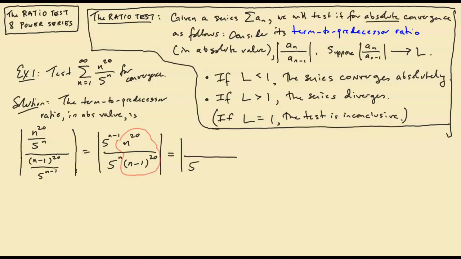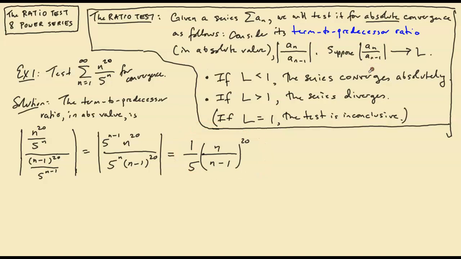Well, we know how exponents work. That's the same as the fraction n over n minus 1 all to the 20th. So let me put that in there too. And I can clean this up even further. The absolute values I can take off here because all of this stuff is positive. So let's do that. And what does the ratio test tell us to do with this thing? Well, this is the term-to-predecessor ratio in absolute value.